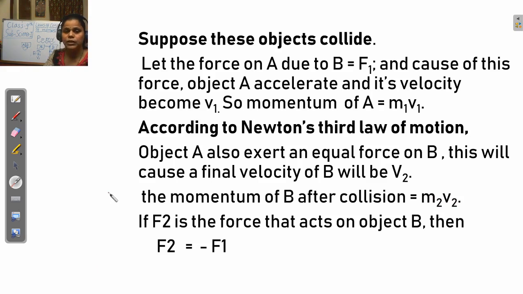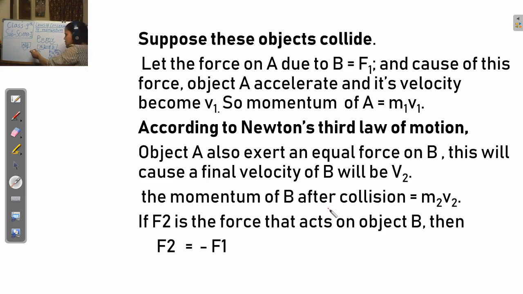It's clear? And let's assume F2 is the force that acts on object B. We considered here F1 is the force that acts on A because of B, and F2 is the force that acts on object B because of object A. Understand, student?